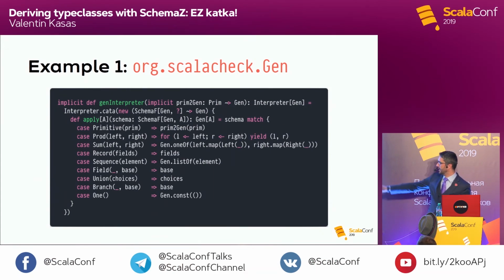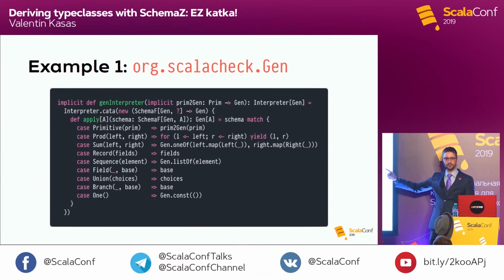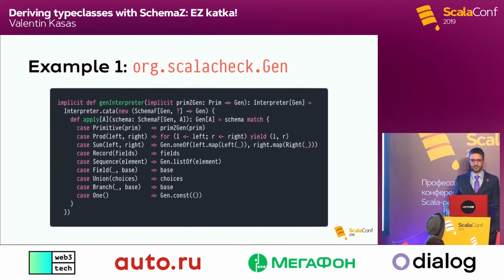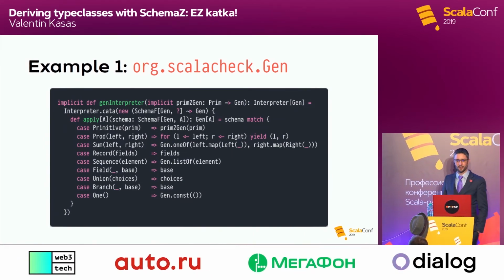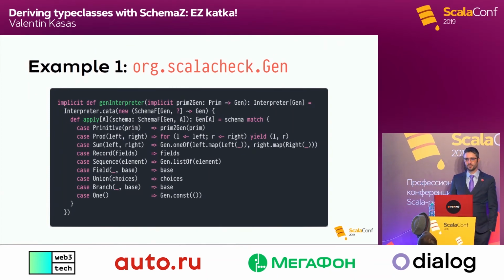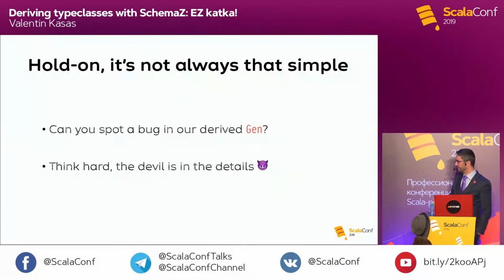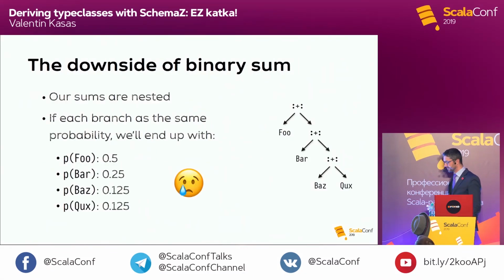No, it's good, because element here is already a gen for your type. Oh, it's always list for the moment. Yeah, it's a limitation in the current version. But the bug is two lines above. Well, I'm running out of time, so I will give you the solution.